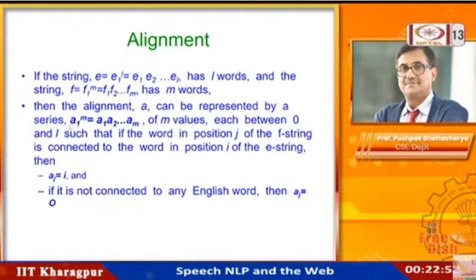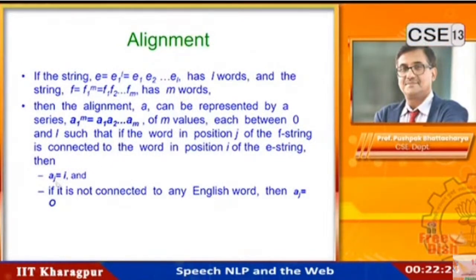Then the alignment A can be represented by a series A1 to M, of M values, each between 0 and L, such that if the word in position J of the F string is connected to the word in position I of the E string, then AJ equals I. So you see the alignment is based on how the French words are aligning to English words.